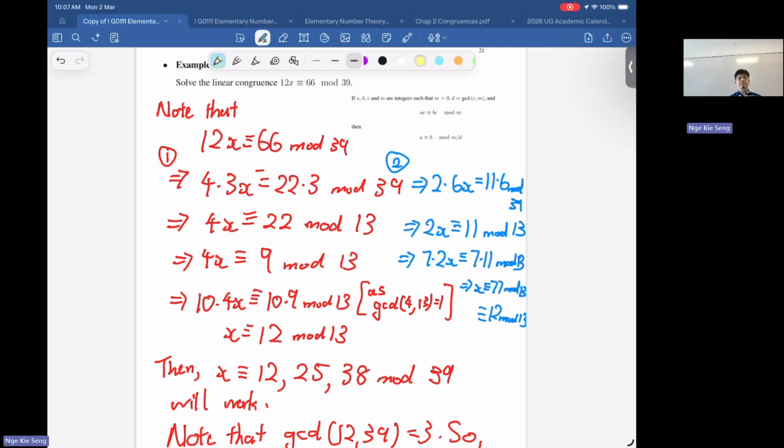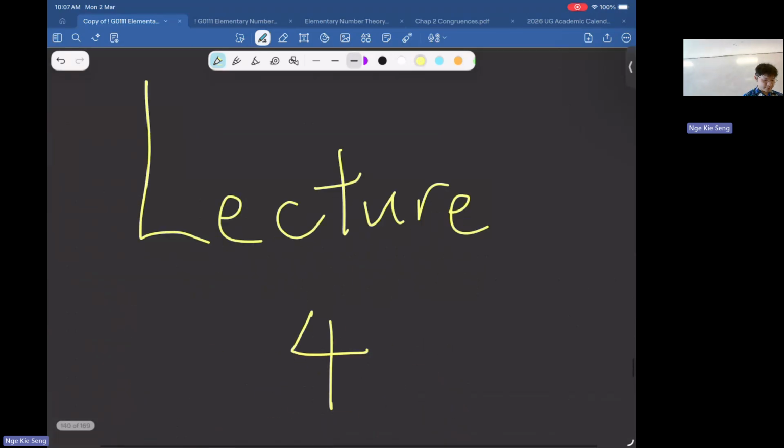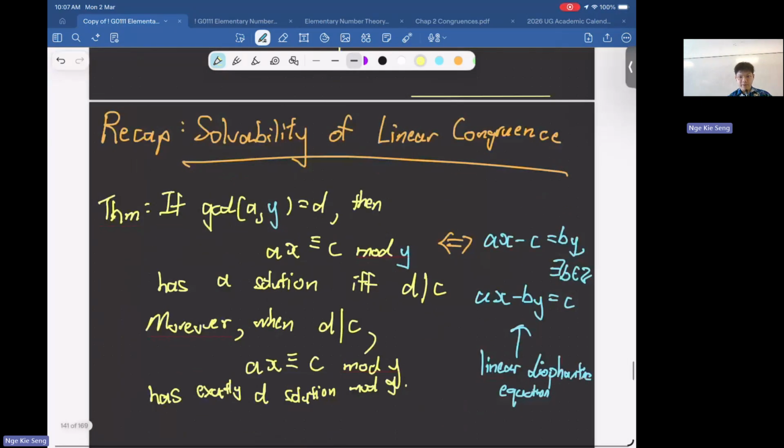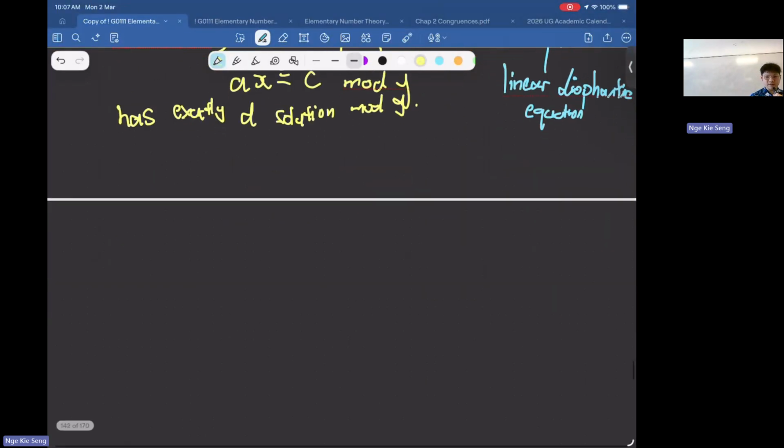So far, so good. This is the last exercise we went through. Let's try one exercise together.